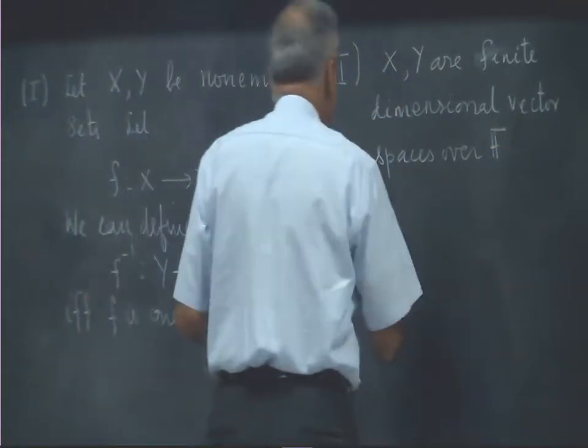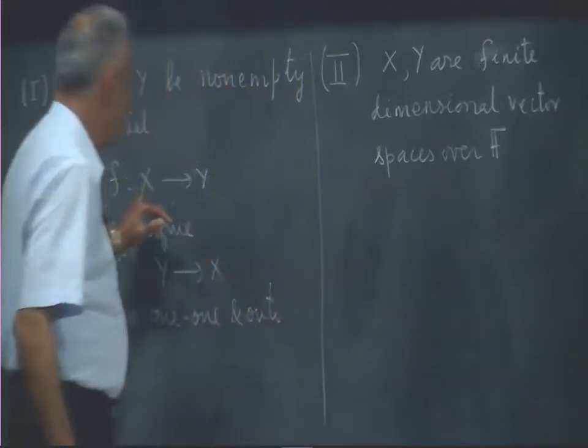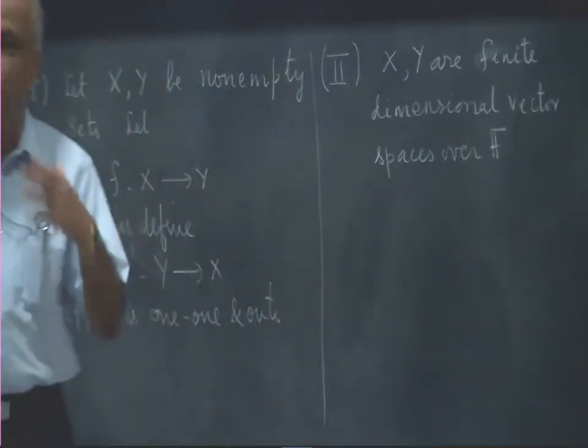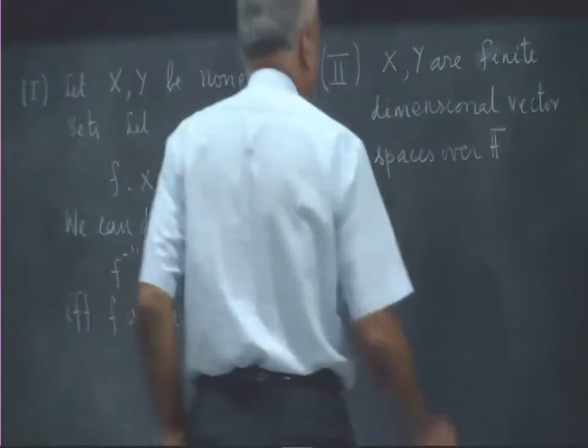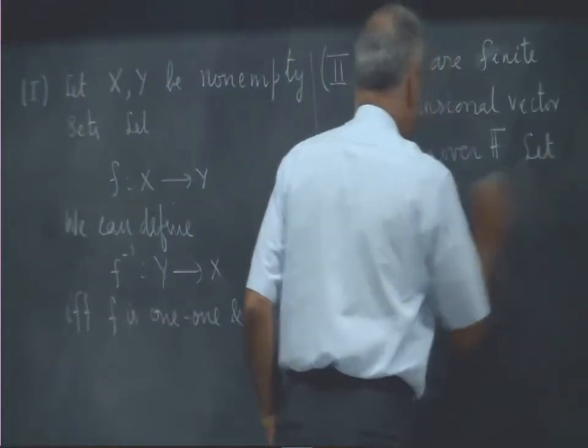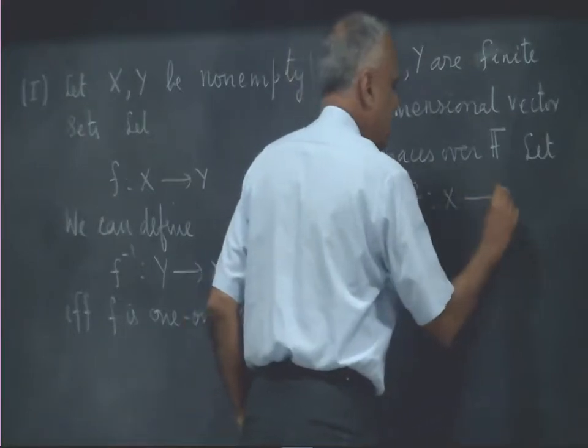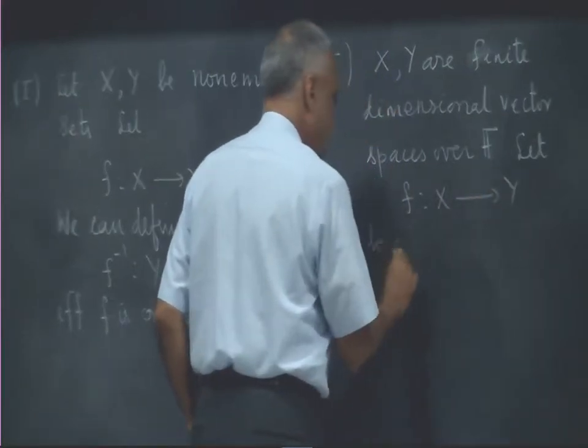And whenever you have vector spaces, you would like to look at transformations which preserve the structure, which means linear transformations. So let f mapping X to Y be a linear transformation.